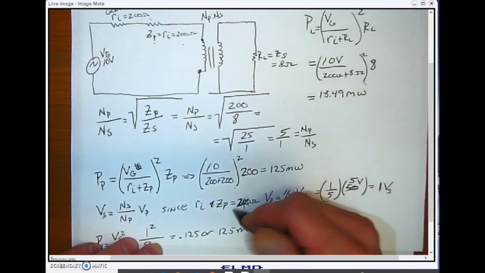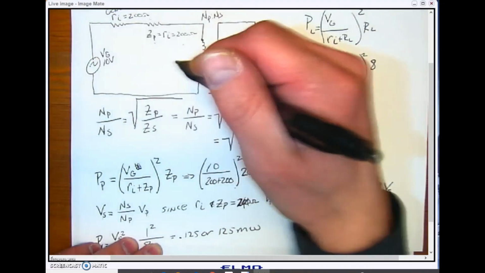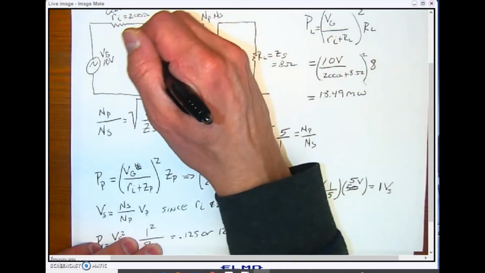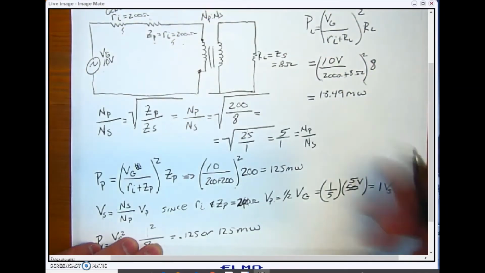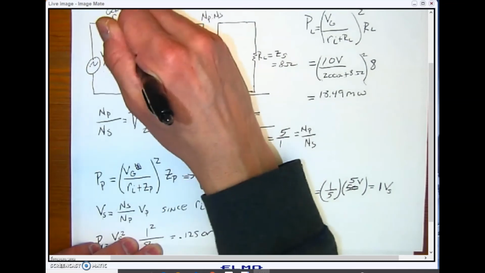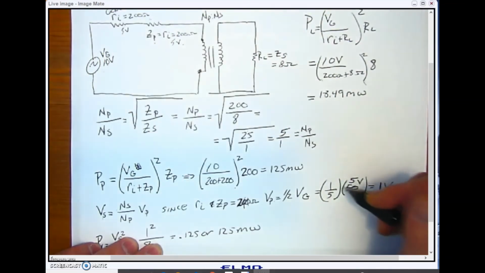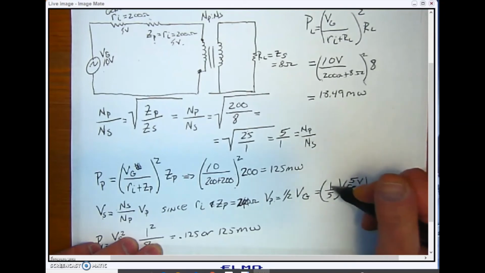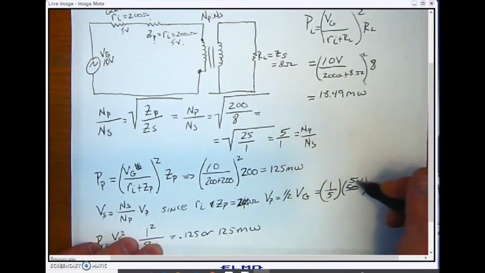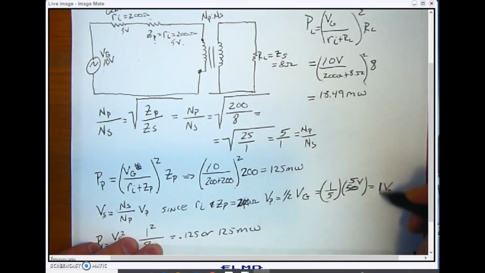So that means that this 10 volts is going to drop 5 volts here, and 5 volts there. So if we take this 5 volts right here, and plug it into the turns ratio 1 over 5, we get 5 divided by 5, which gives us 1 volt on the secondary.